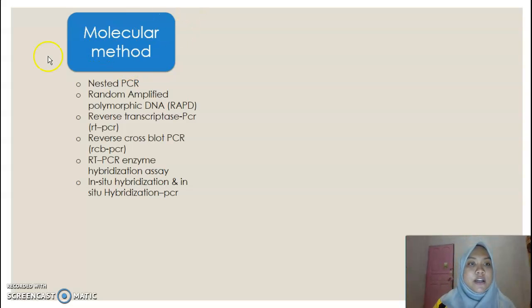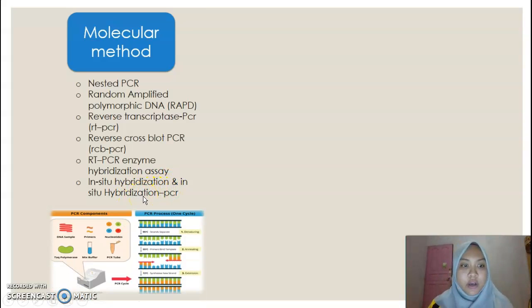So these are examples of molecular methods that have been used, which are nested PCR, RAPD, RT-PCR, enzyme hybridization assay, in situ hybridization, and in situ hybridization PCR. Okay, so this is the basic procedure and step in PCR.